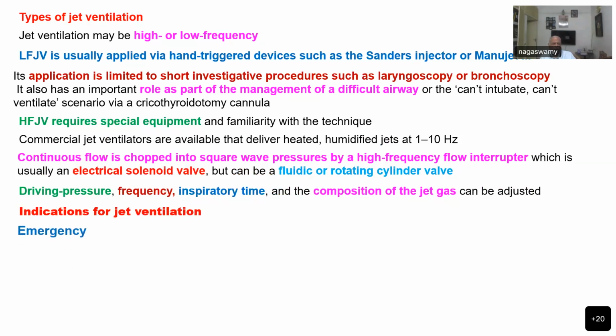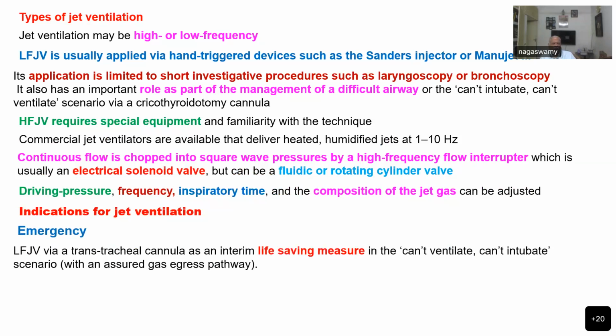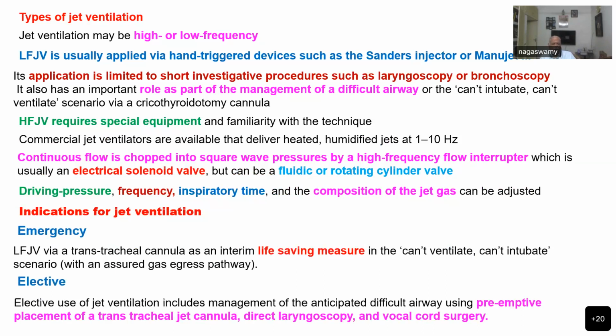As you rightly said, can be classified into emergency, where it can be a life-saving measure, especially low frequency jet ventilation in a can't intubate, can't ventilate scenario. Whereas in elective, you can use it as preemptive for placing a transtracheal jet cannula during laryngoscopy or vocal cord surgery.